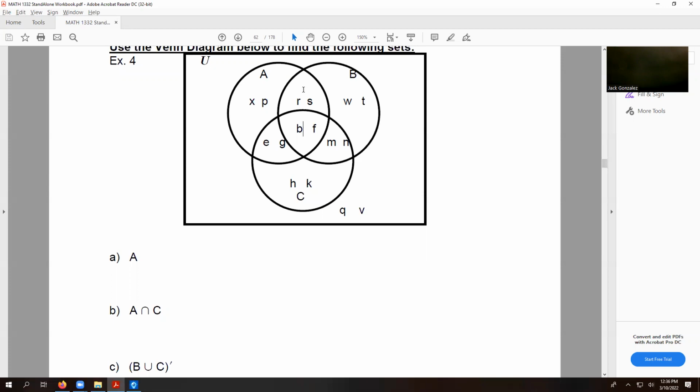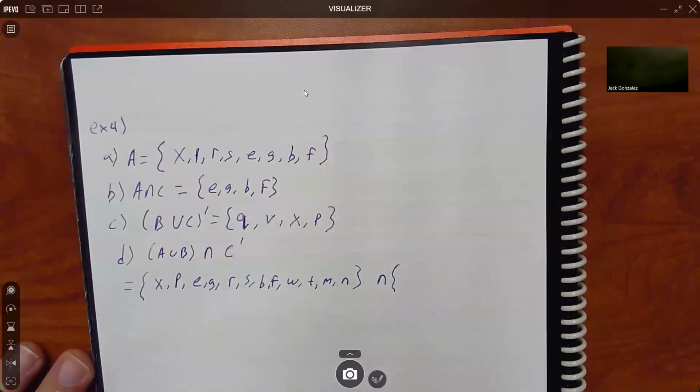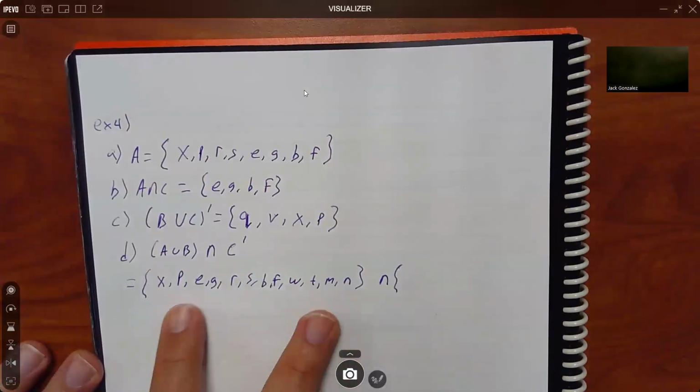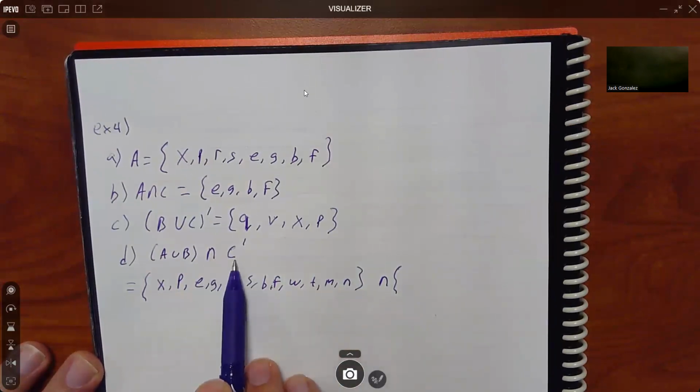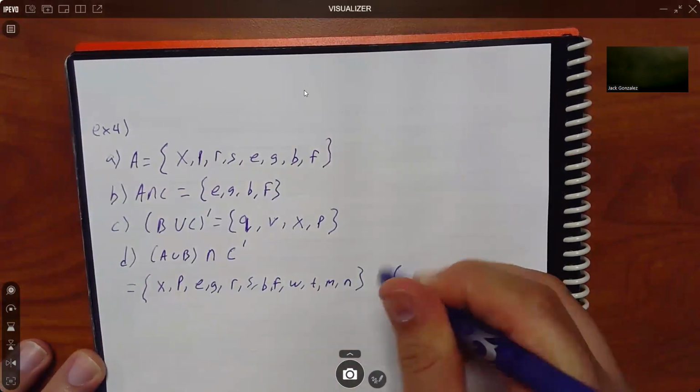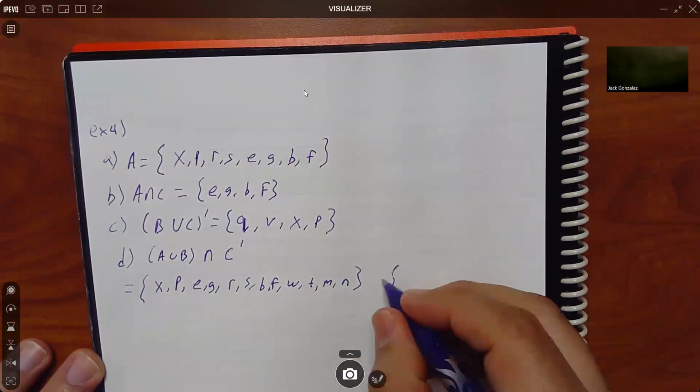Okay, and then they say intersected with C complement. So I wrote down A union B, but they want us to intersect with everything outside of C. It helps to do it piece by piece because it's hard to envision all this at the same time.